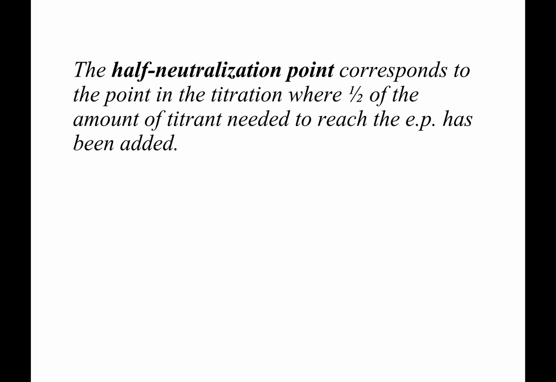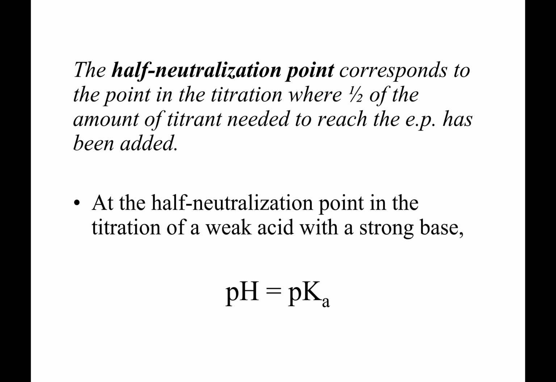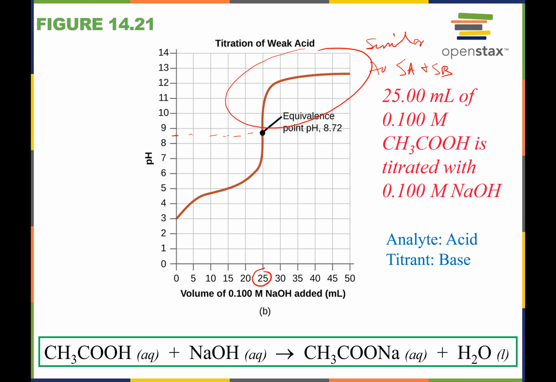So calculation 4 is this question for your lab write-ups. The half neutralization point. I'll go back here. Half neutralization point looks like this. If this is the full neutralization, the half neutralization point would be what, 12.5 milliliters.